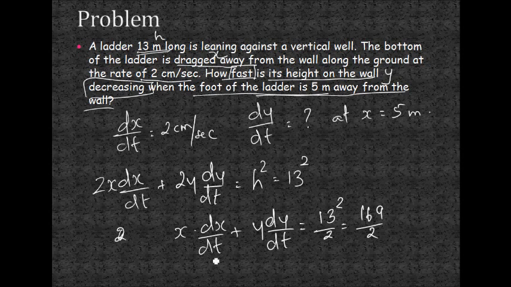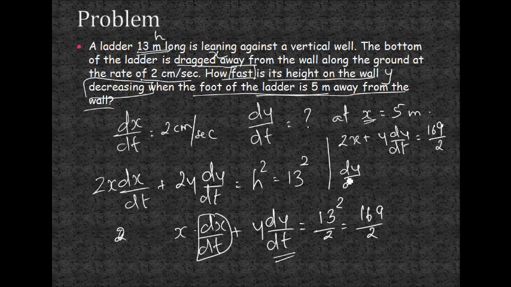How can you find dy/dt? dx/dt is 2, therefore you can write this as 2x plus y dy/dt equals 169 over 2, because dx/dt is 2. Now if you isolate dy/dt here, it is 169 over 2 minus 2x, divided by y.